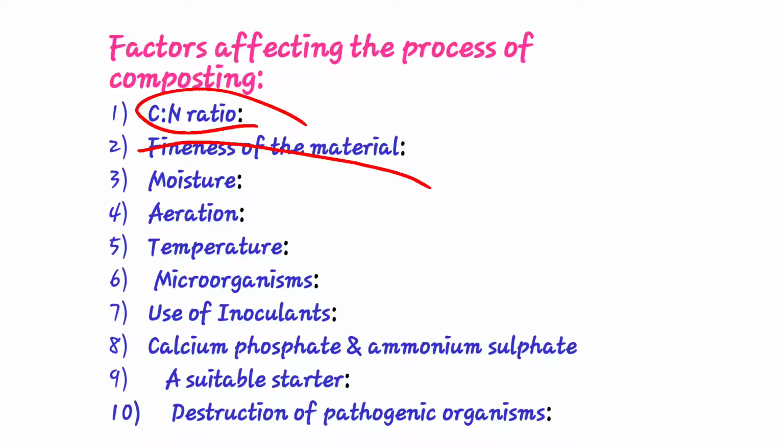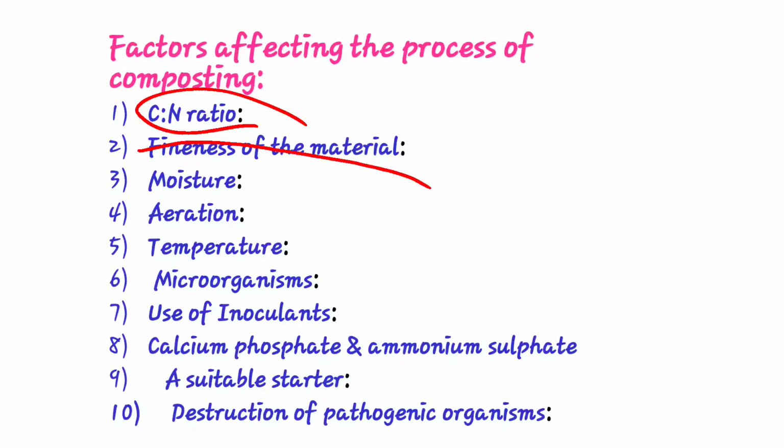If material contains a higher amount of lignin, fats, and waxes, it takes a long period to decompose, while residue containing 60% cellulose or hemicellulose decomposes more rapidly. Tender plant parts are also used. This means the fineness of material also affects the composition of compost.